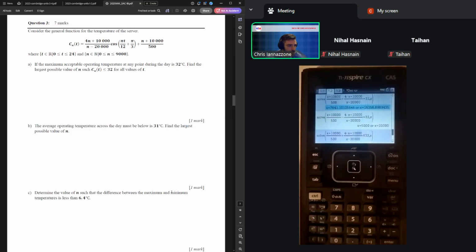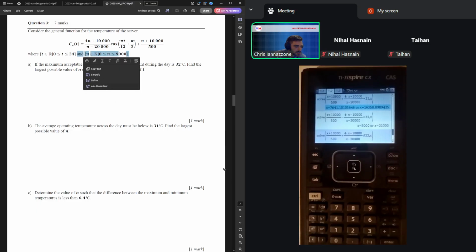These are n values, reminder. So if we can look at the function header in the question, anything that talks about n. Got this statement here, n can only be a natural number and is constrained between 0 and 9,000 inclusive.